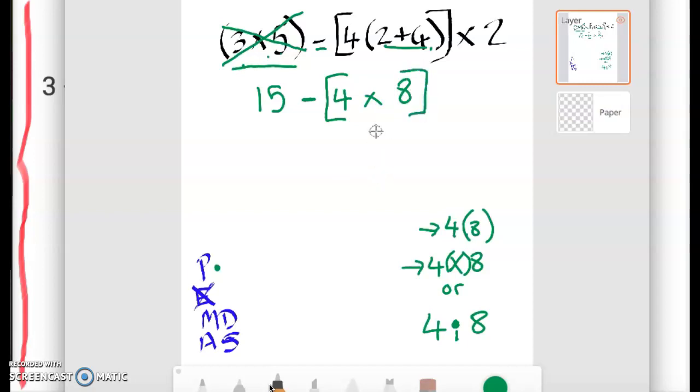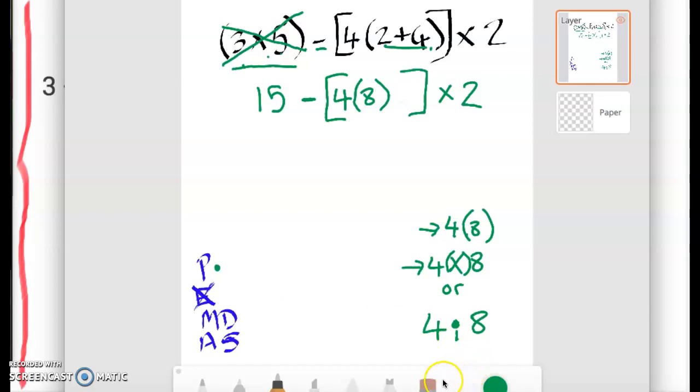Or it could look like, let me erase it and show you what it could look like. Or it could look like this, and this is going to be on one of your tests in a couple of weeks. And then I bring down my times 2. So that means to multiply here, okay?